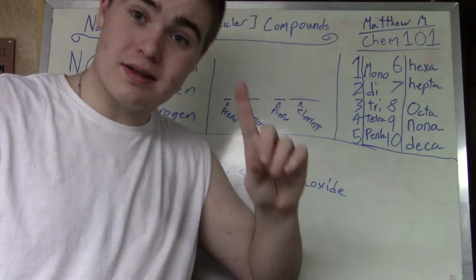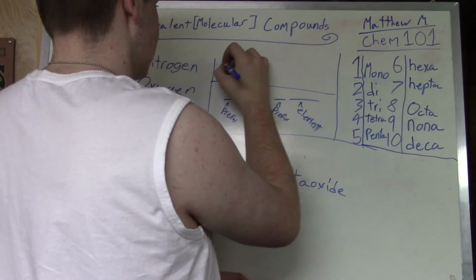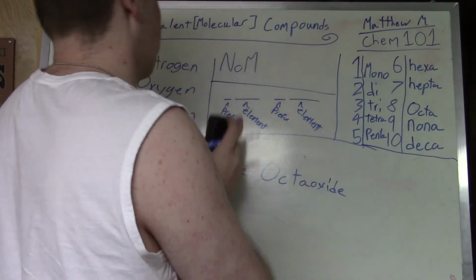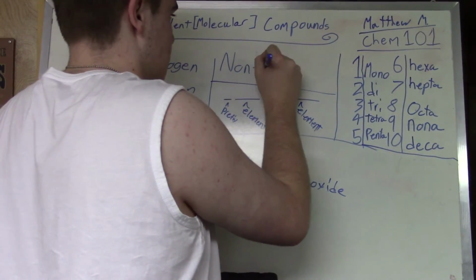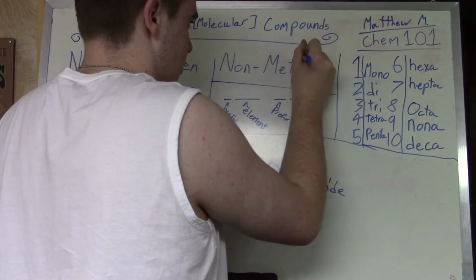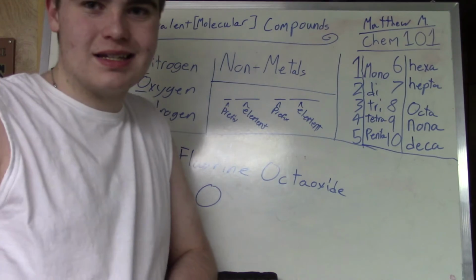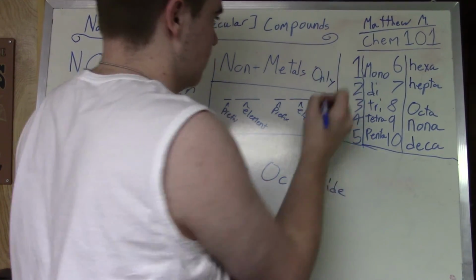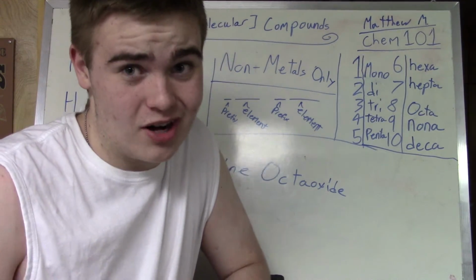And remember, something I didn't tell you, which is probably something I should have, is these are non-metals. This happens for non-metals only, because the other things are a different story.